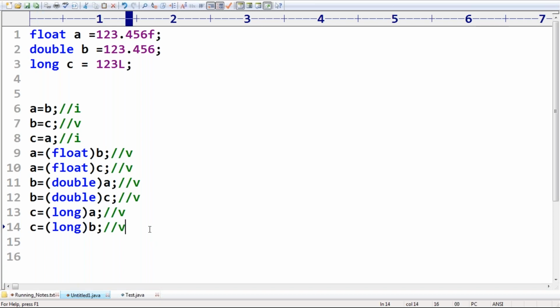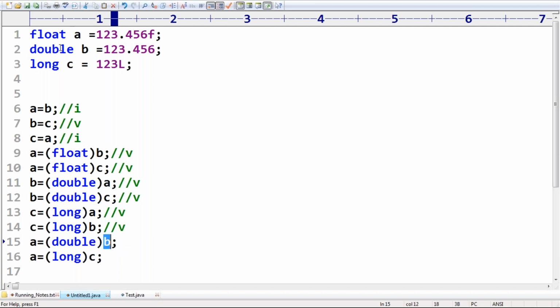Suppose I am taking A is equal to double of B, and A is equal to long of C. Can you please tell, is it valid or not? Please confirm. Some say explicit typecasting was done, so it is valid.